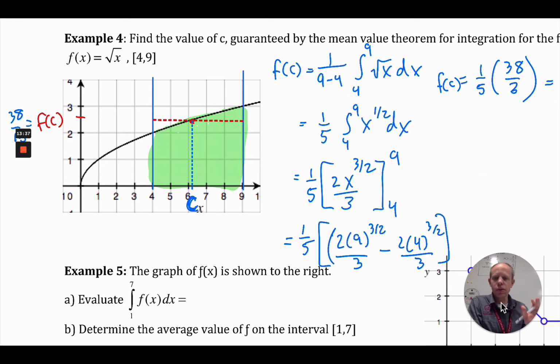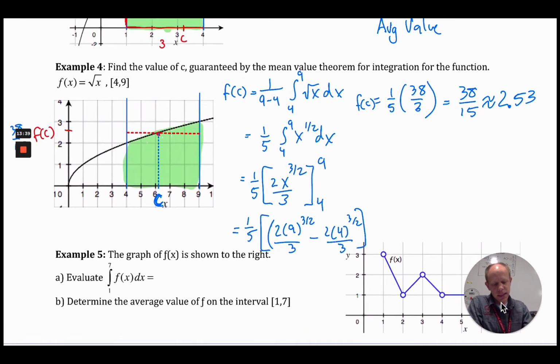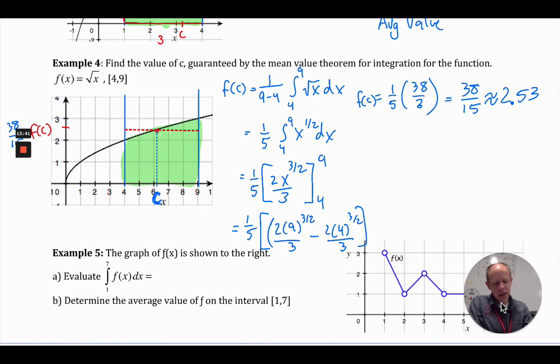But what we want to do in this case is find that value of c. So we're going to go back to f at x equals the square root of x and figure out where that equals 38 over 15. So again, we say f at c would equal 38 over 15, and we want to solve for c. This turns into the square root of c equals 38 over 15. And to solve here, we would square both sides.